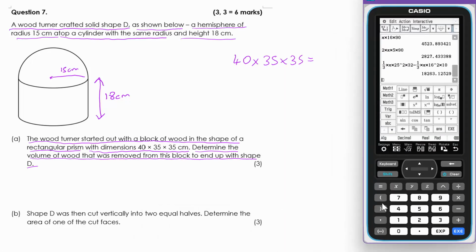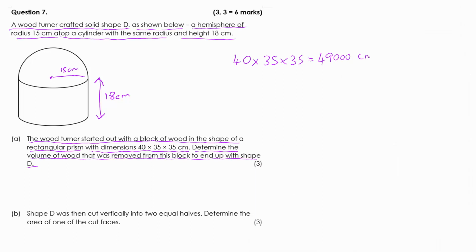So 40 times 35 squared. So that's 49,000. And that would be in cubic centimeters.